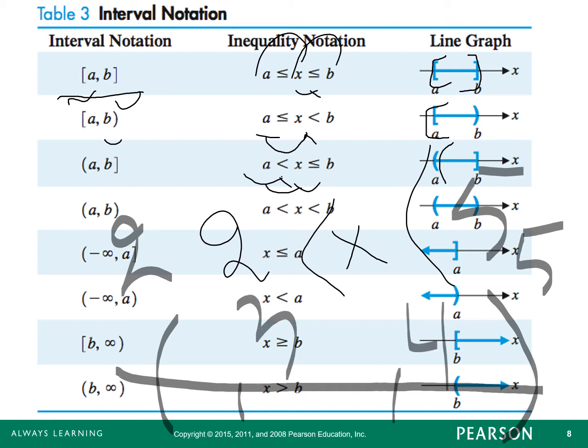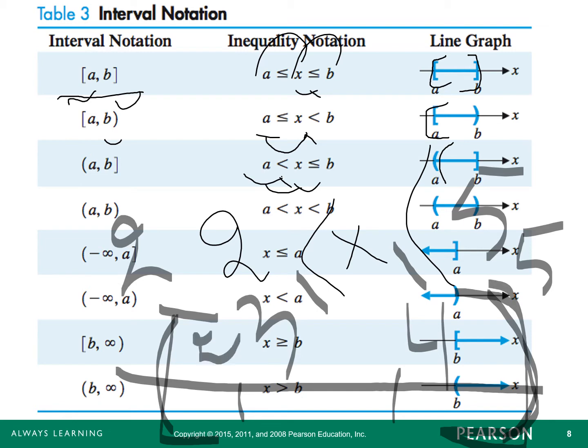If we do not have the equality, and we make a parenthesis here, it means that 2 and 5 are not included in this domain. But for example, if we have the equality here, we close it from both sides. So here, it means that the number 2 and the number 5 are included in this domain.